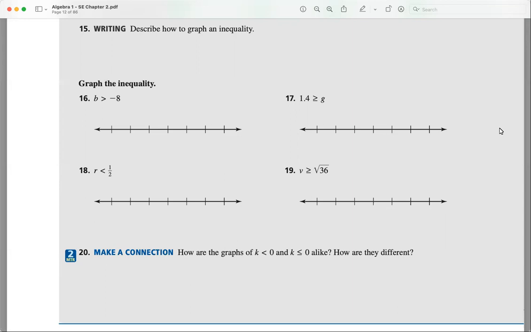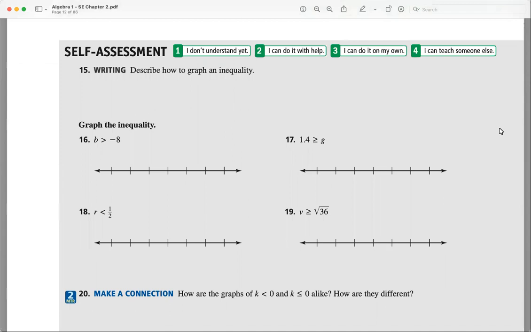So part A, so that we have it organized, we're going to draw an open circle when a number is not part of the solution.